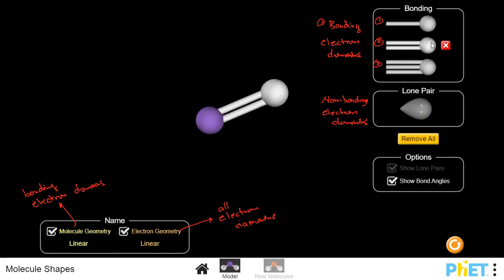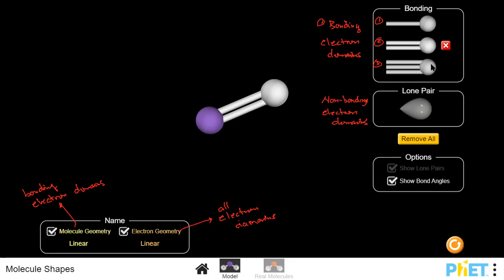That's what I'm trying to tell you. The single bond, the double bond, the triple bond, they count for a single electron domain. And so you will get the same geometry there. So if we have a single bond attached to the center atom here, we have a linear geometry in both the molecular and the electron sense. If we have a double bond, again, we have a linear geometry for the molecule and the electron as well.